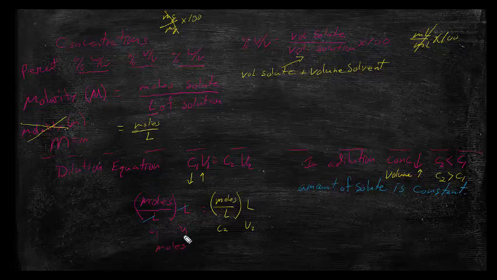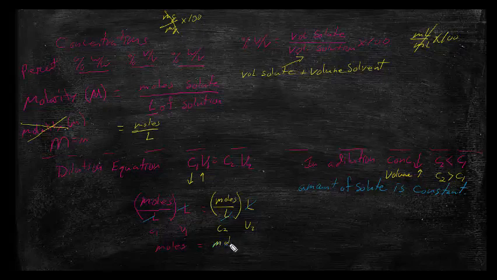Remember, this is C1 V1. This is where we started off. And if you look at the right-hand side, it's moles per liter, C2, times the volume after you've diluted it. Now you have this new solution. It has a larger volume. Concentration went down, volume went up. But if you multiply volume times the concentration, the liters cancel, and you end up with moles.